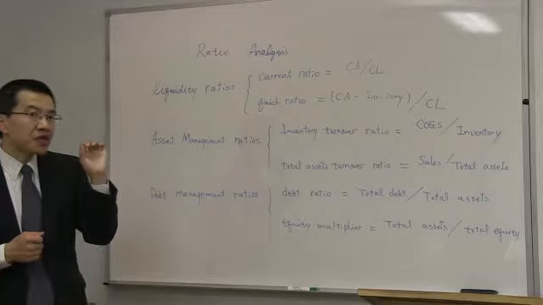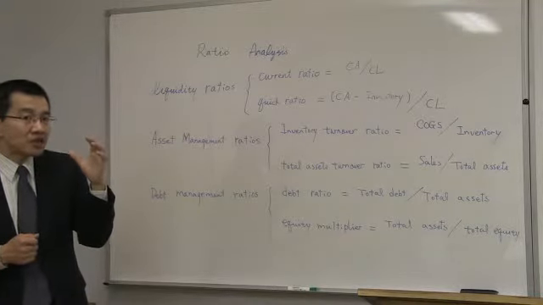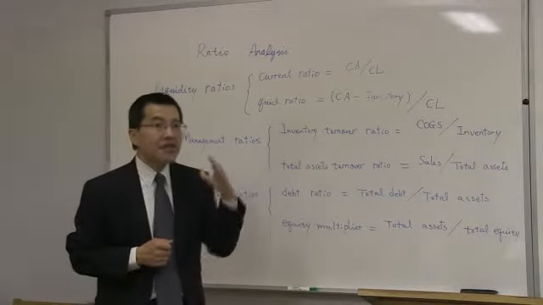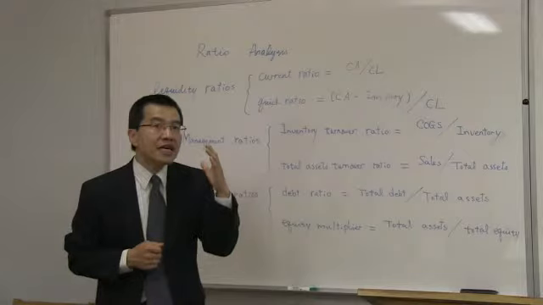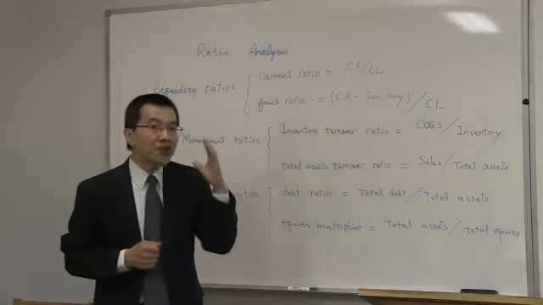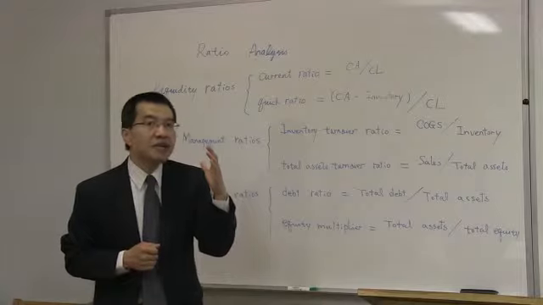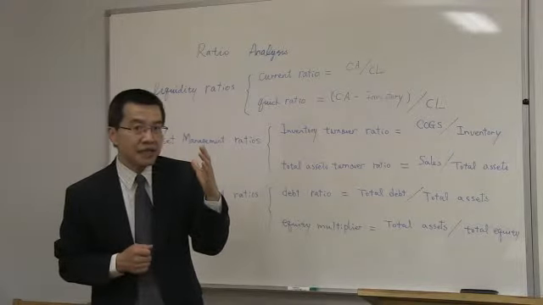But when you use more debt, that will bring some additional trouble for the company. If you have debt, then you have to make periodic interest payments. When you have debt outstanding, the interest payment is your obligation. You have to make that payment.